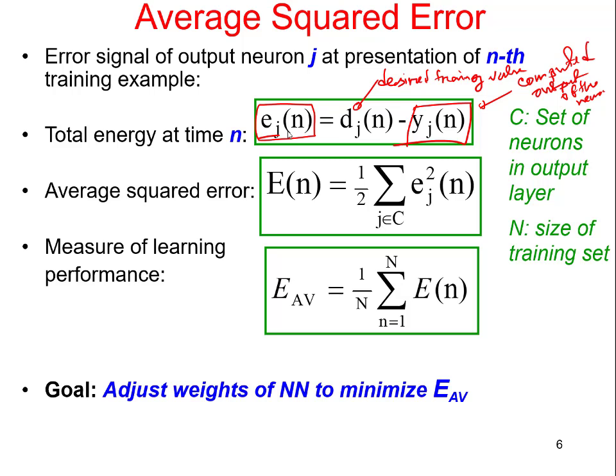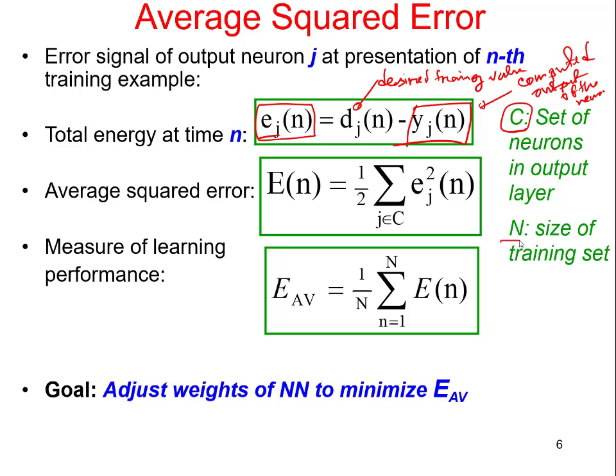Then we average over all output neurons. If you have several output neurons in the output layer, you need to handle them in an integrated way. For that purpose, C is the set of output neurons, so its size is the number of neurons in the output layer, and n is the size of the training set.